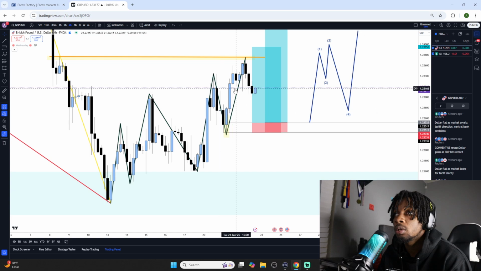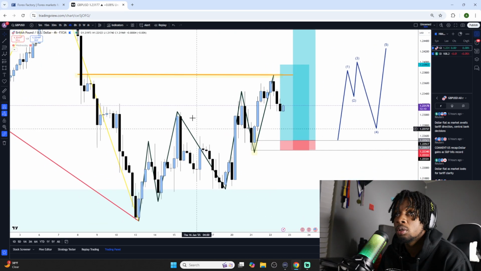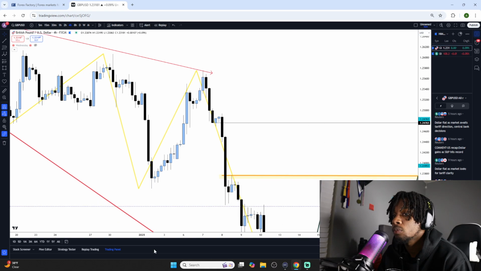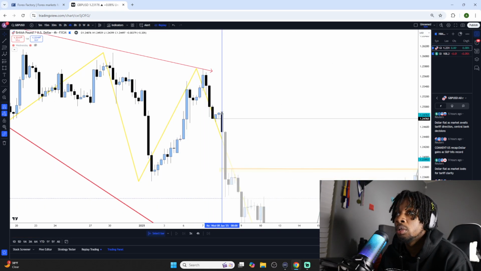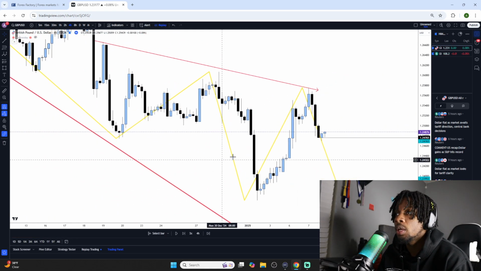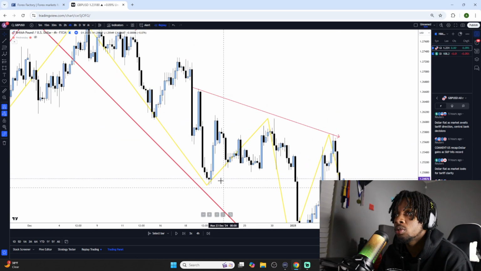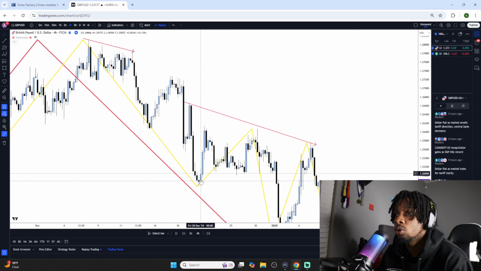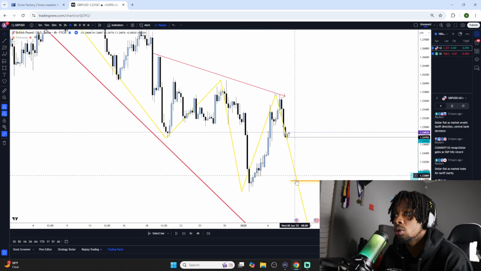That is an uptrend. If we go back here, this was a downtrend. As y'all can see, the market is just making lows and then lows and then lows.